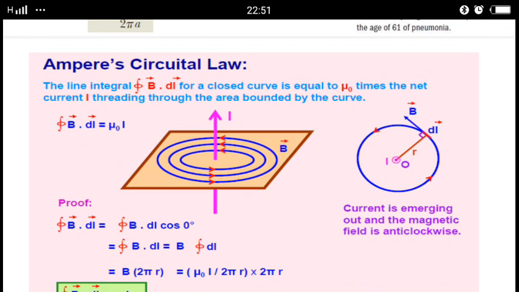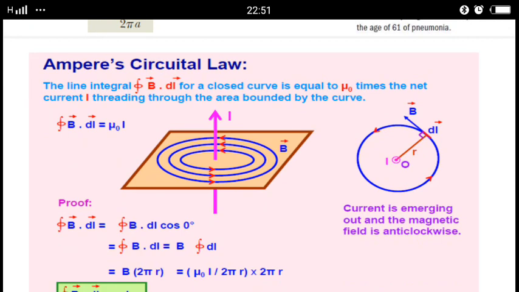We want to calculate the line integral of this magnetic field around a circle of radius r. All the line elements dl of this circle are directed along B, as shown in the second figure, where the dot at point O represents the current in the outward direction, perpendicular to the plane, and the magnetic field is in the anti-clockwise direction.